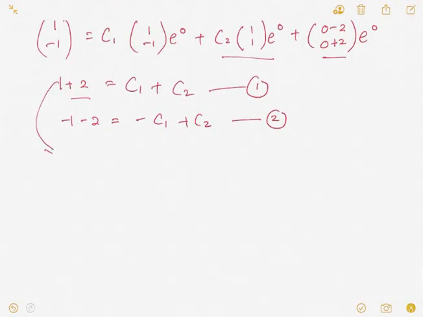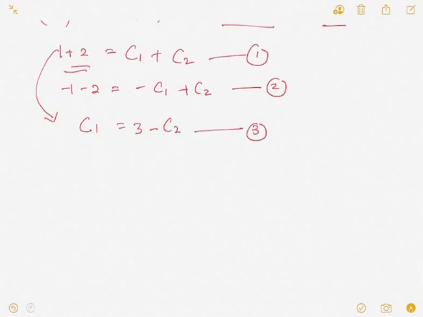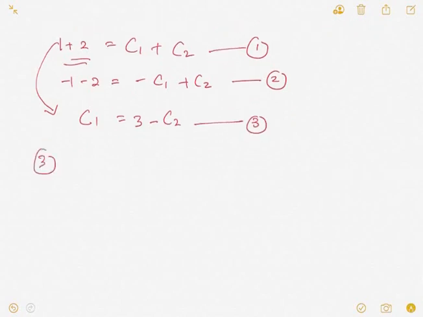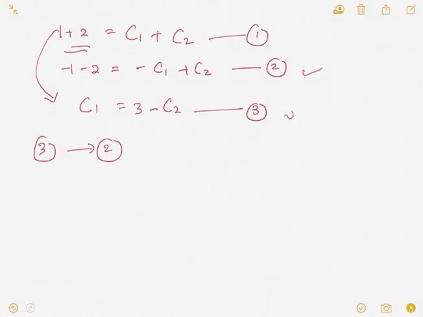So the first one will result in what? C1 plus C2, so you make C1 equal to 1 plus 2 is 3, so 3 minus C2. This is equation 3. So you insert equation 3 into equation 2, and substitute it.